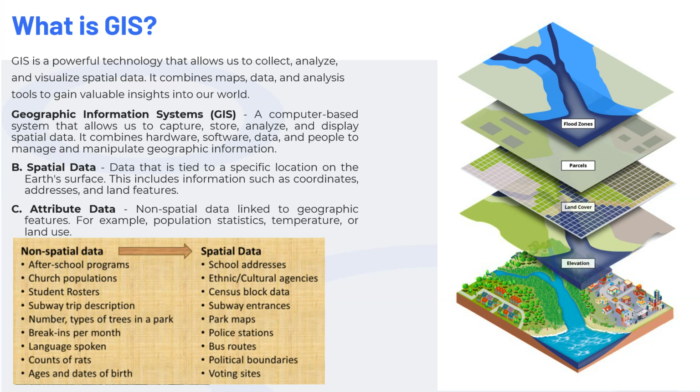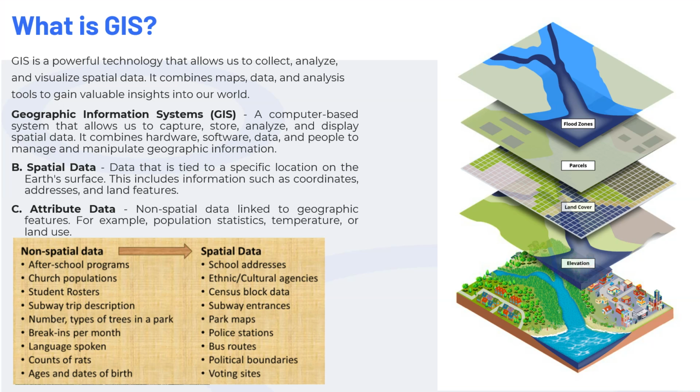And what is attribute data? That is the non-spatial data, like how many students are in your classroom, what the temperature of your classroom is, the population and other things which are not spatial. It's movable or changeable data, which is called attribute data.